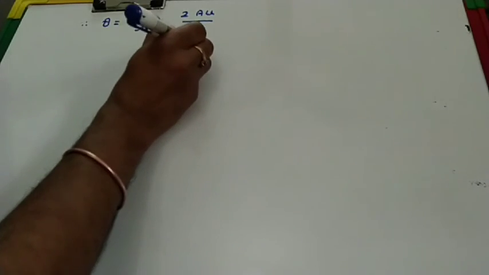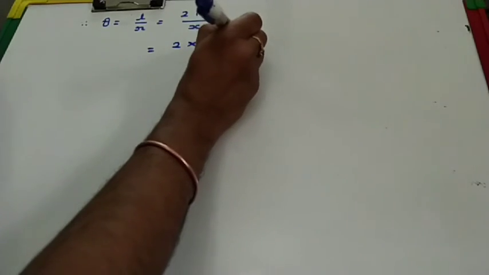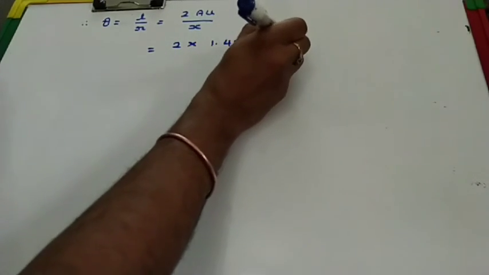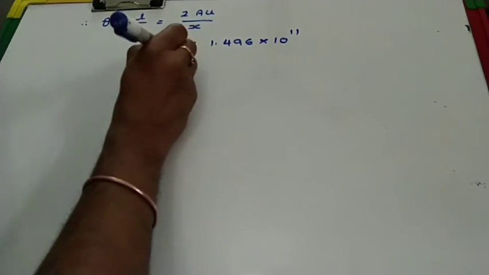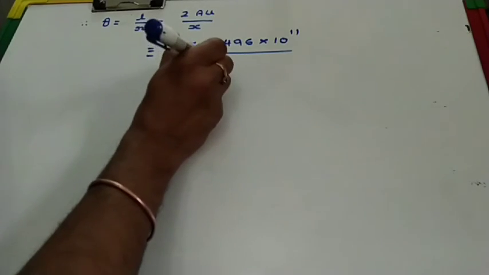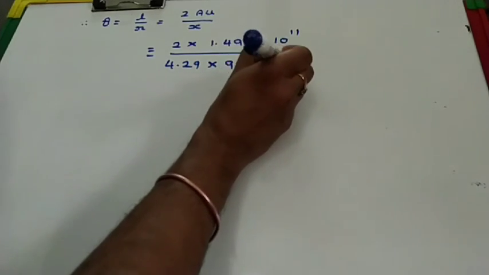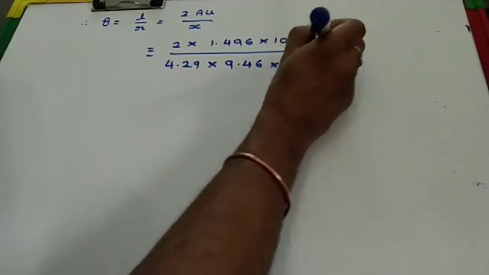Therefore, theta is equal to L by R, that is equal to 2 AU whole by X. 2 into 1.496 into 10 to the power of 11 whole by 4.29 into 9.46 into 10 to the power of 15 radian.